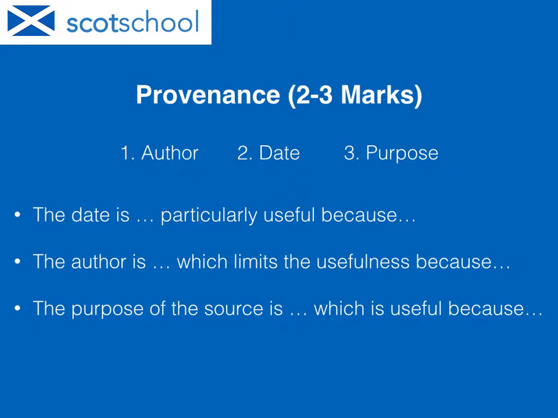Looking at the provenance marks in a little bit more depth, as I already said, it's split into 3 different sections: author, date, and purpose. But remember, the question asks you to evaluate the usefulness. So in provenance, you're trying to look for why is the author useful, or why is the date not useful?